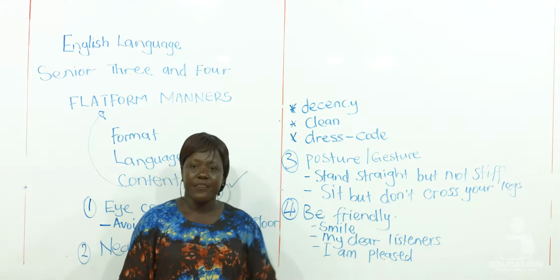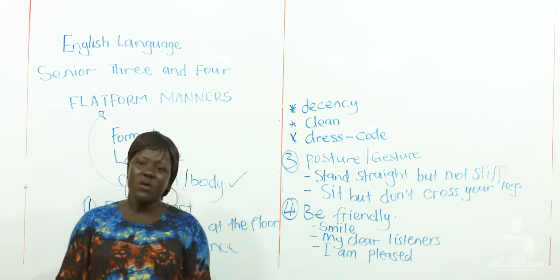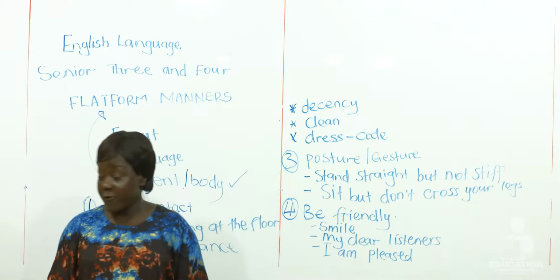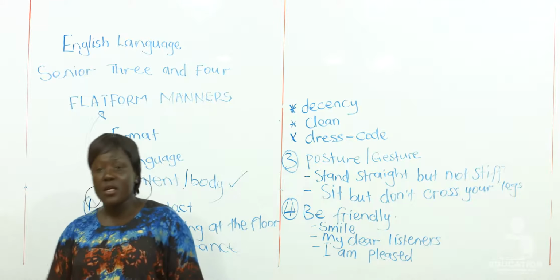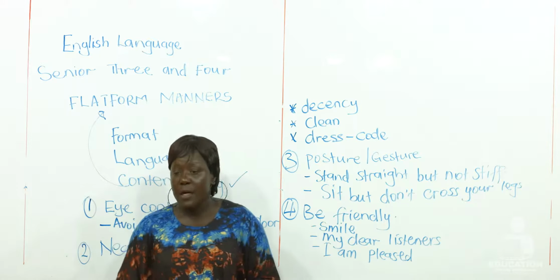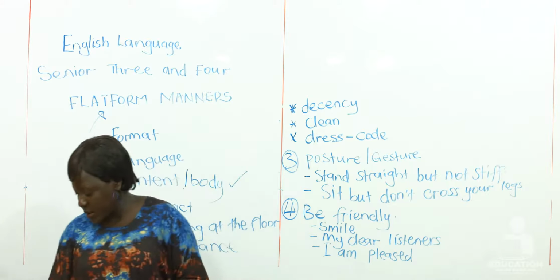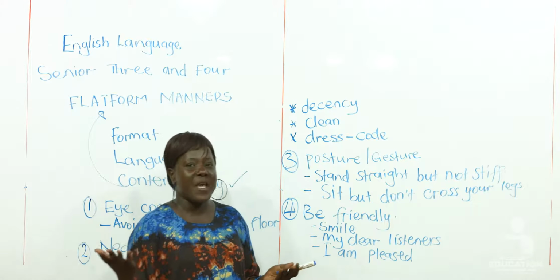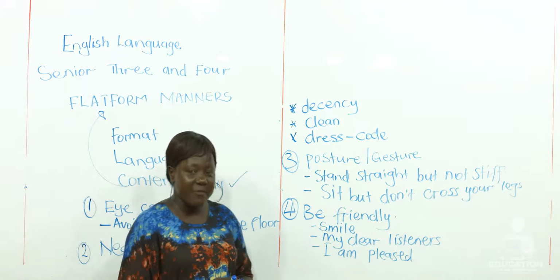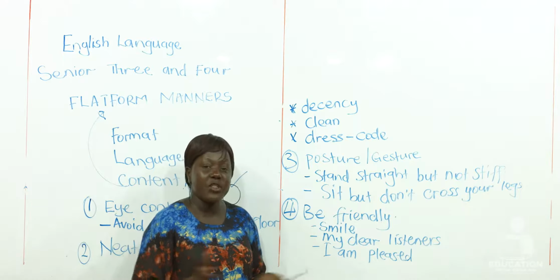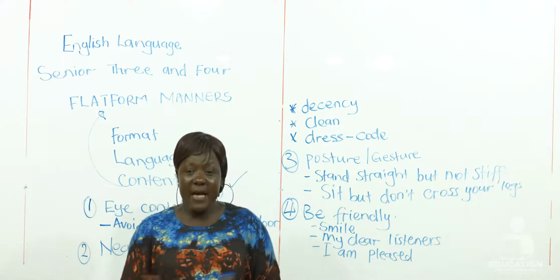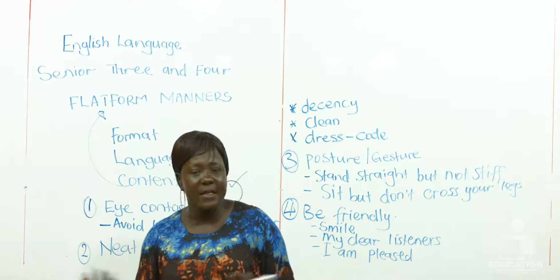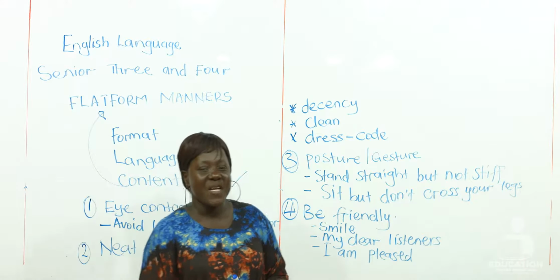Those are some examples of friendly words which you can show to your listeners. Even words like "ladies and gentlemen" can tell them that you're a friendly person. But if you begin to jump here and there and say, "guys, this and that," they will not be pleased with you.